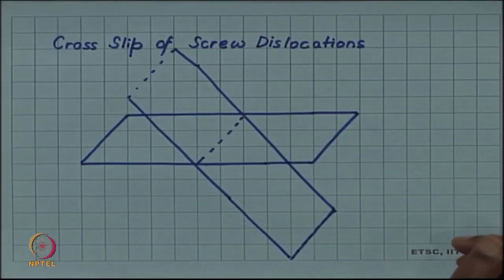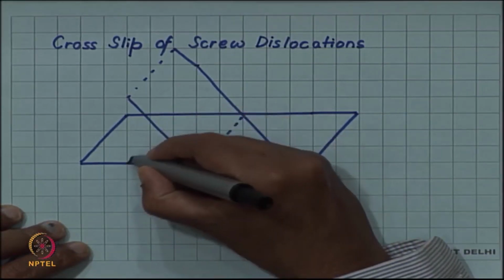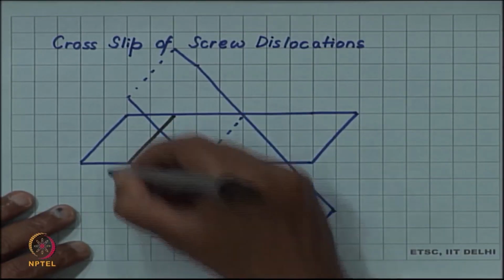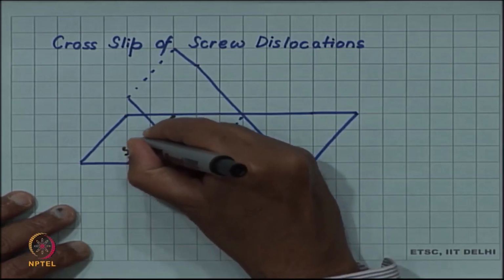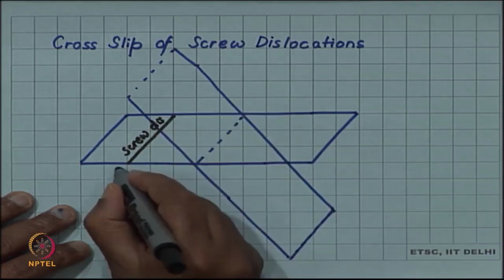We have already seen cross slip of screw dislocations when we were discussing the topic of defects and dislocation. So, let us say that this is a screw dislocation which was moving forward.